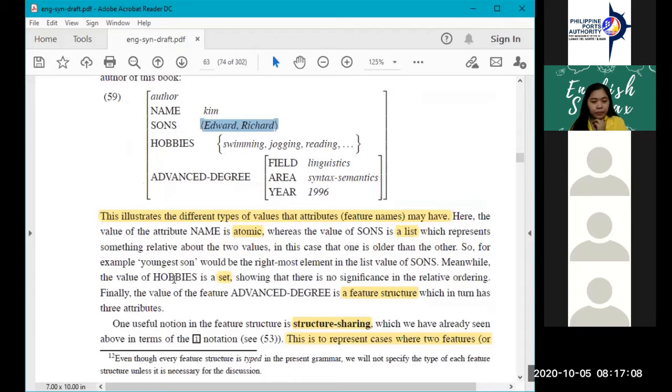And then the value of hobbies is a set, since he has many, a set of hobbies. And then the advanced degree is a feature structure which in turn has three attributes. So a feature structure within a feature structure could also have the same kind of attributes as the bigger feature structure.